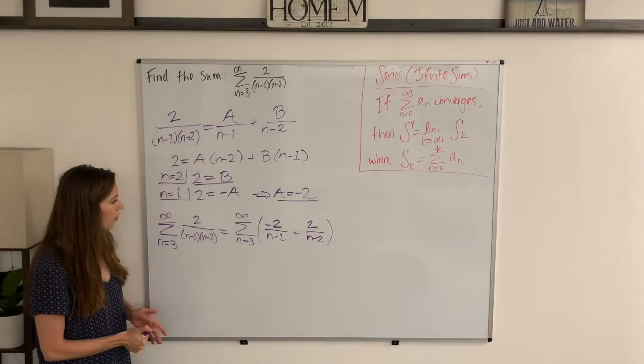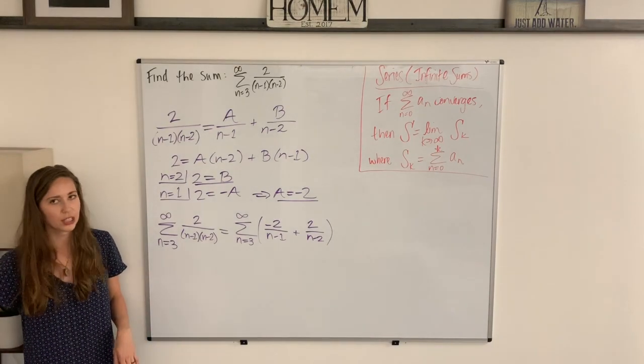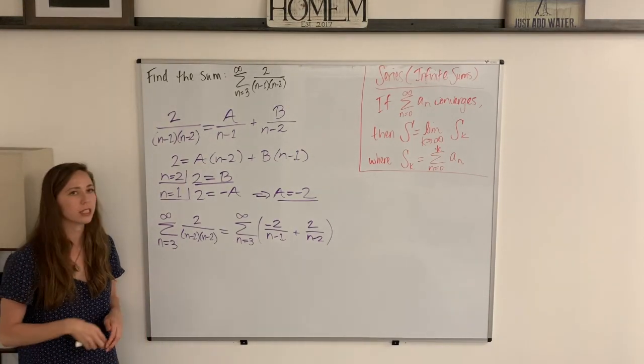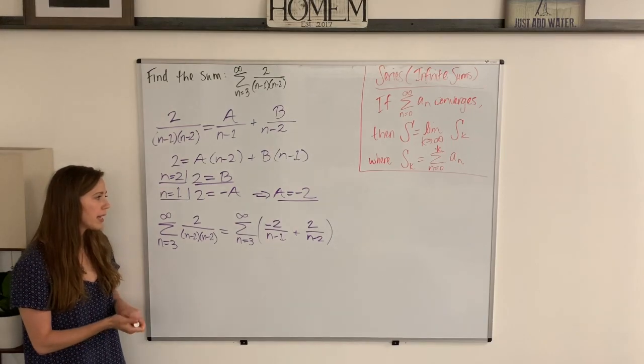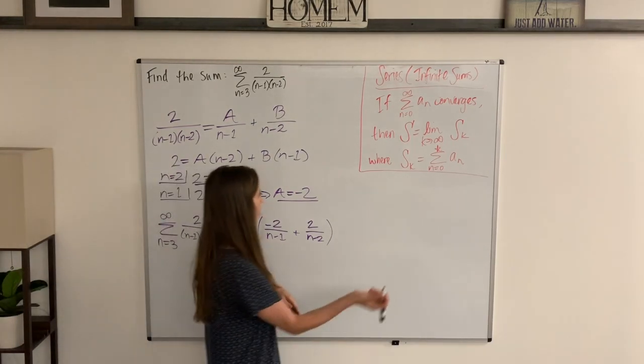All right, so now that we have this in a more convenient form, I'm going to look at the first couple terms and see what's happening with the sequence in order to get the partial sums. So I'll write them over here.